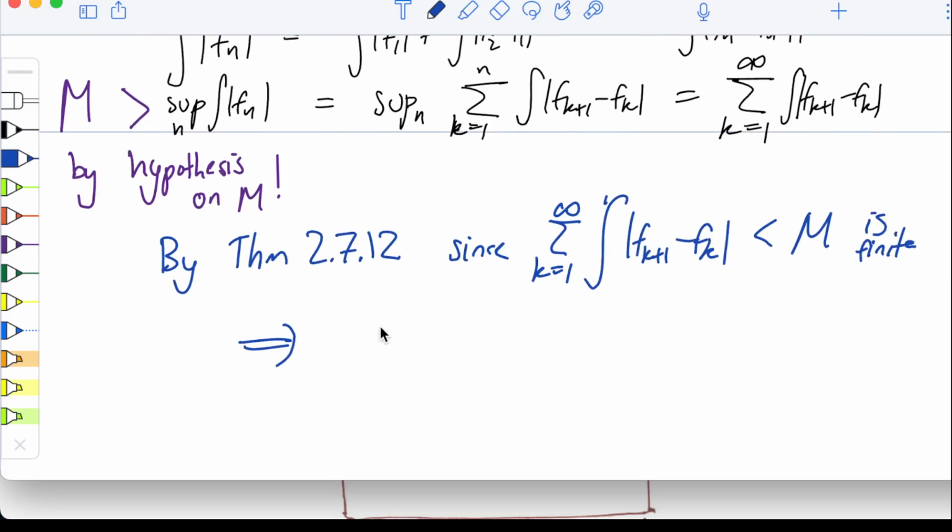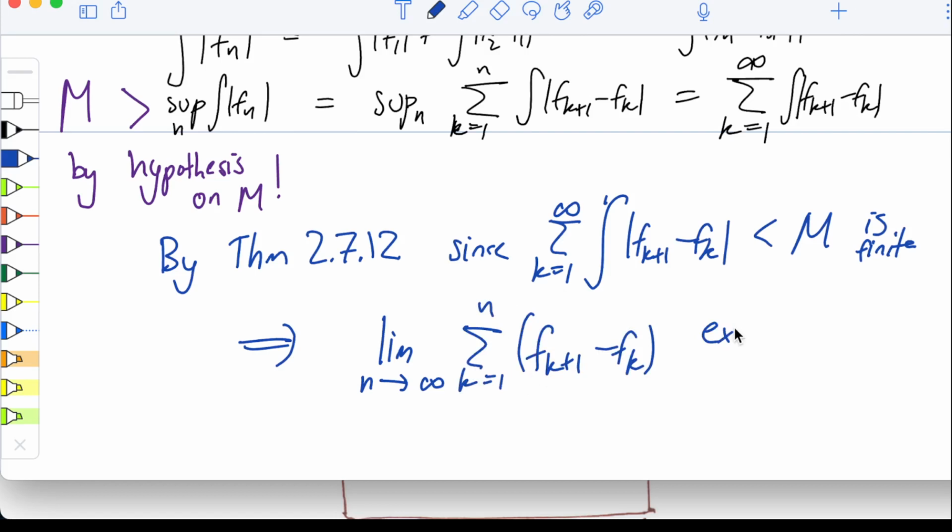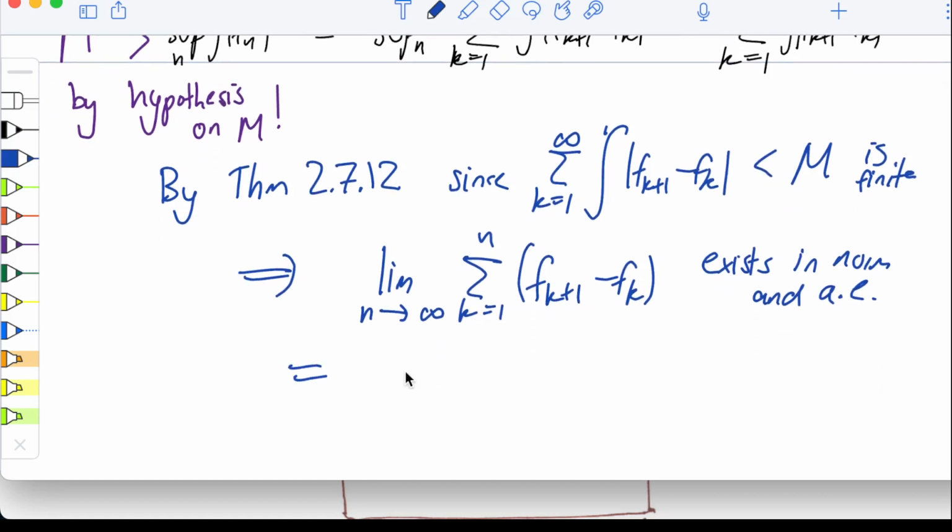Therefore, the limit as n goes to infinity of the sum from k equals 1 to n of fk plus 1 minus fk exists in norm and almost everywhere. Okay, but this sum is exactly the sum of the differences. This is the telescoping sum. This is our dream come true, that this is the limit of the fn's. And then we're done.